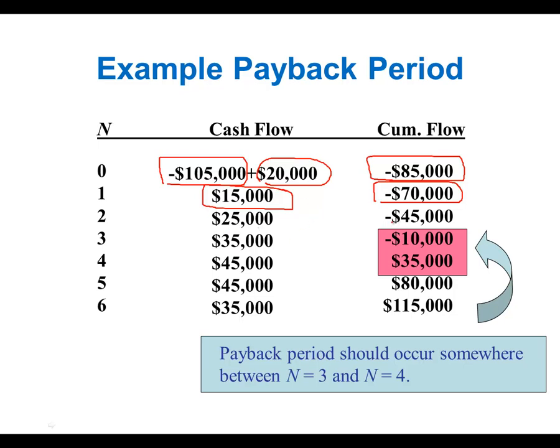As you can see, over the years the negative value will decrease, and at a certain point we will get a positive value in this period of time. This is what we call the payback period, which will occur somewhere between n equal to 3 and n equal to 4.